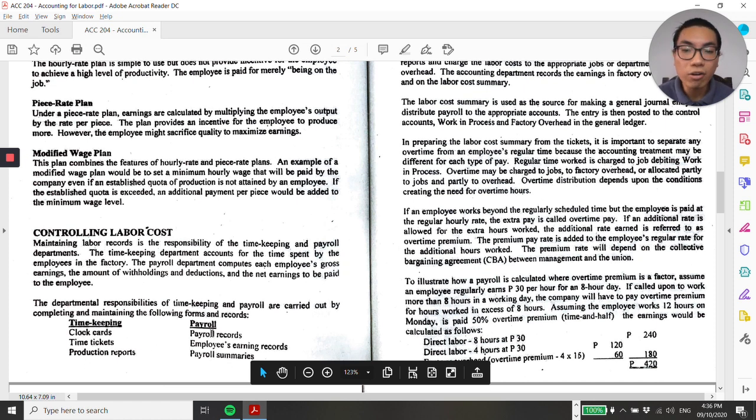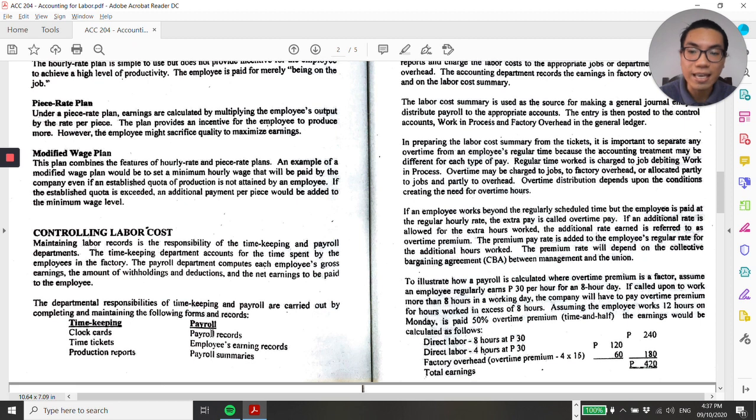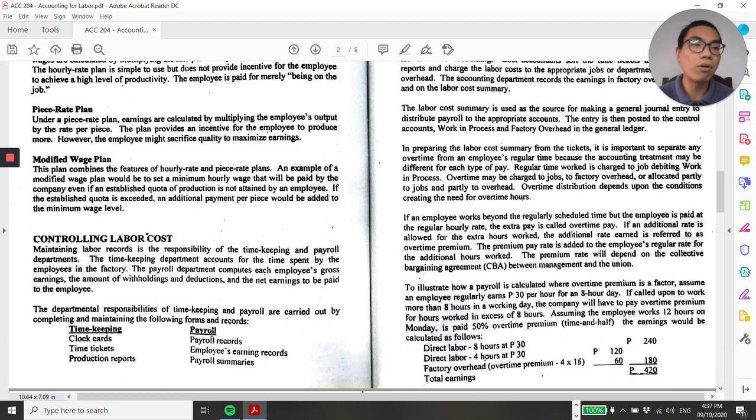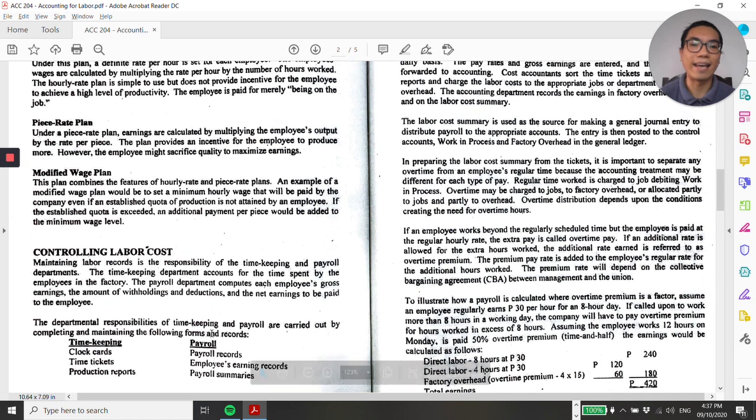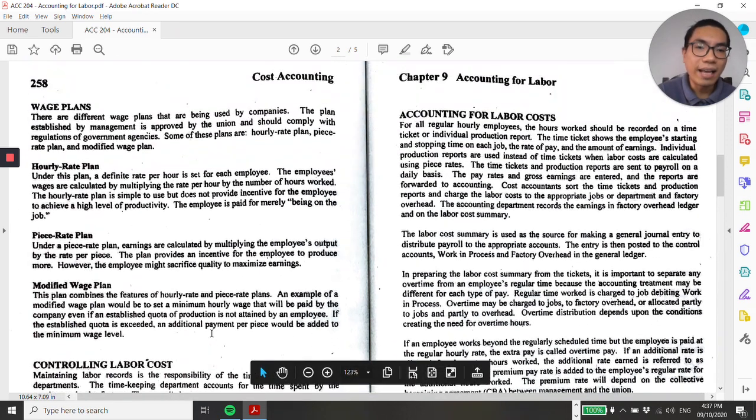On the payroll side, it is very relevant for the accounting side to maintain the payroll records, the employees' earnings records, and the payroll summaries. It's also an opportunity in the private sector for the accountancy profession or any accounting-related courses.